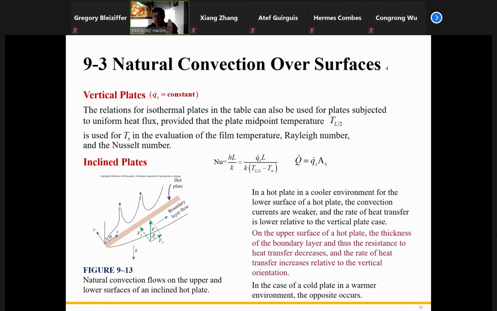The temperature is not constant, but you are providing uniform heat flux throughout the length. The temperature at the bottom will probably differ from the temperature at the top. Therefore we define Ts as the midpoint temperature and use the same approach as before. We use it to calculate all the physical properties and the Grashof number. Any questions?